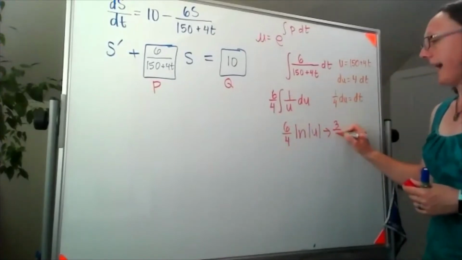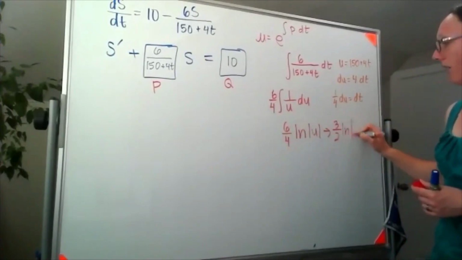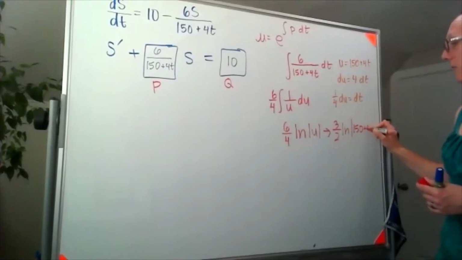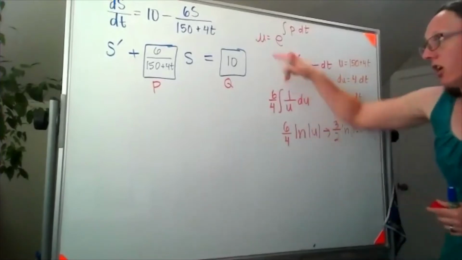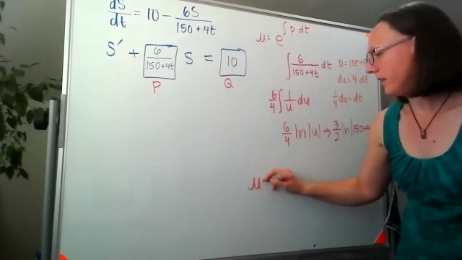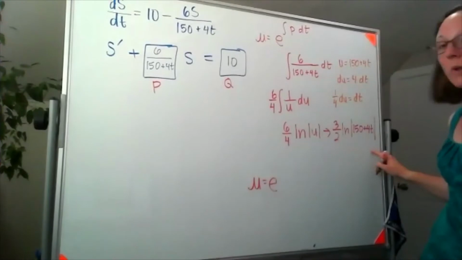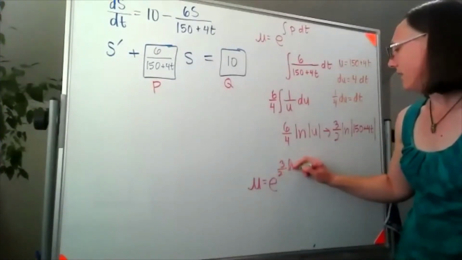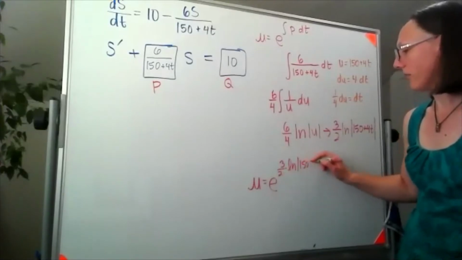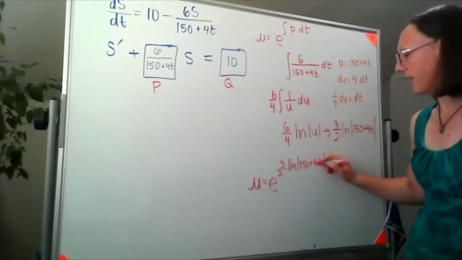So 3/2 natural log of 150 plus 4t. This is not my integrating factor. Our integrating factor is e raised to whatever's here. So 3/2 natural log of 150 plus 4t.